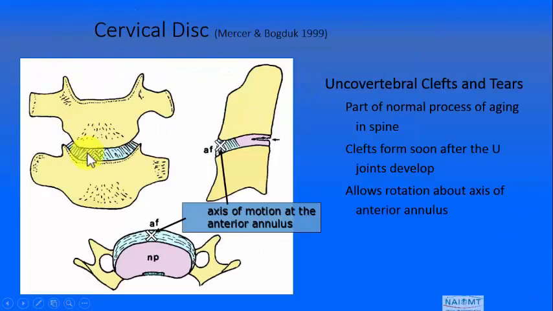If we look at these schematics, we can see it looks like a disc from the front, but when we look at it from the side, almost all of the body of the annulus is very far anterior. Because of that, the axis of motion comes around the anterior portion of the annulus. As a result of rotatory movement, we see tears in the nucleus of the disc that begin to form shortly after the U-joints develop.